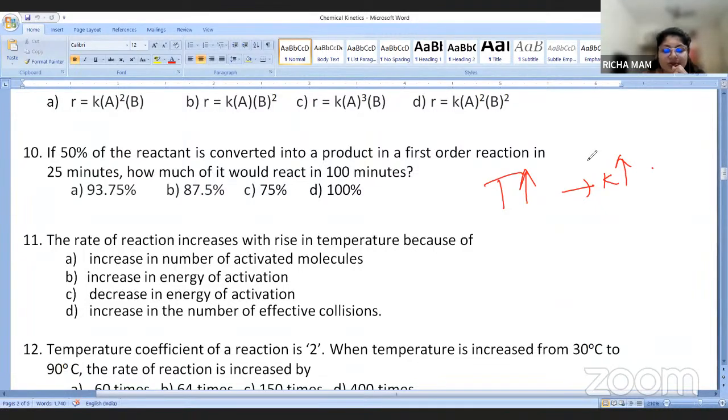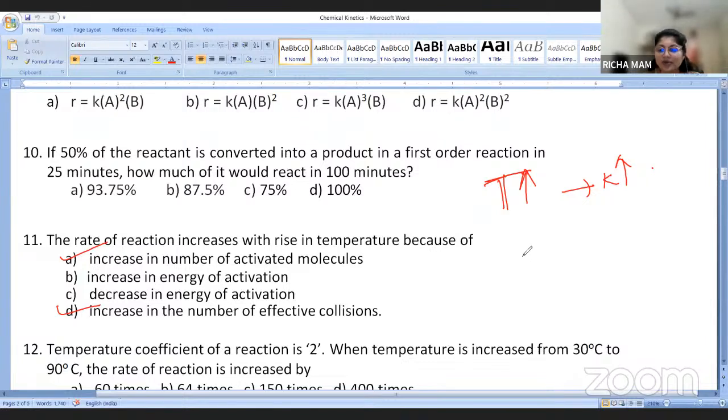There are two effects. On increase in temperature, what will happen? The collision intensity will be more. So what will happen to the number of activated molecules? Because of that, there will be more number of activated molecules and effective collisions will be more. So as the temperature increases, the collision frequency will be more and the collision intensity will be more.